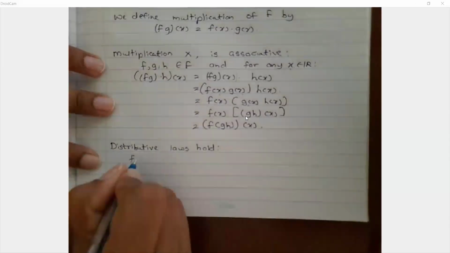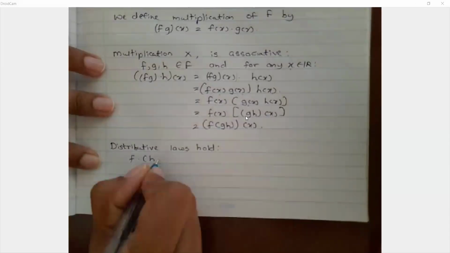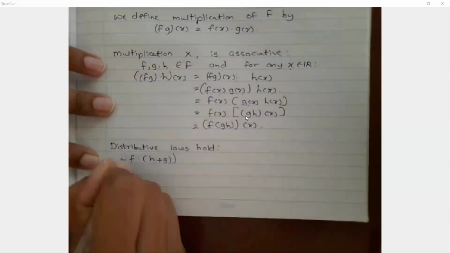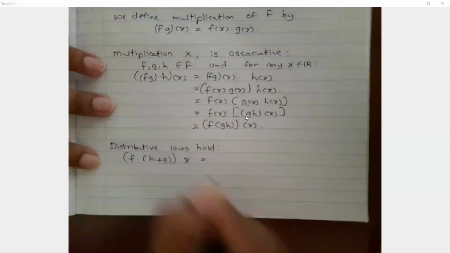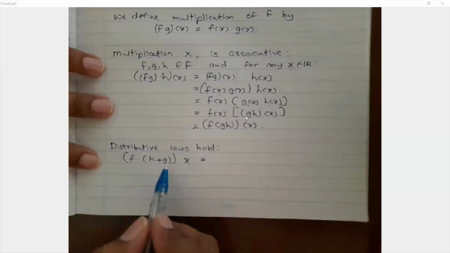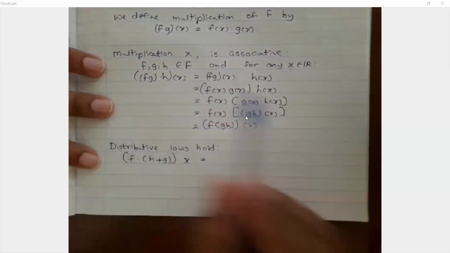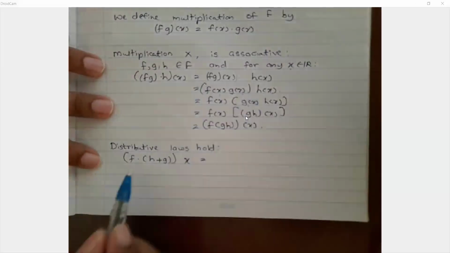So f times (h plus g) of x. Now, h plus g, for h and g elements in F, is also an element in this set. So we have two elements in the set.